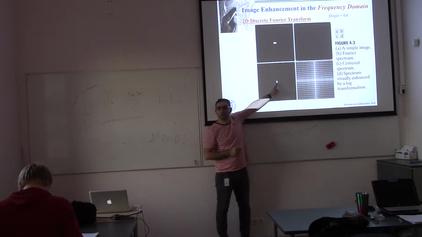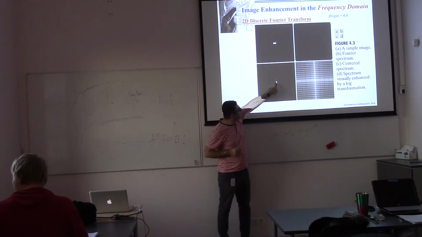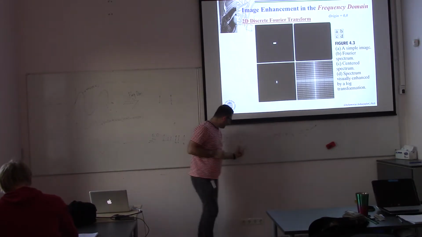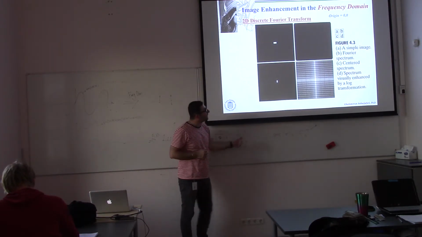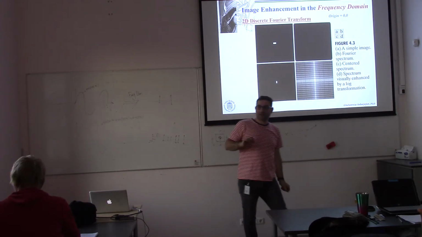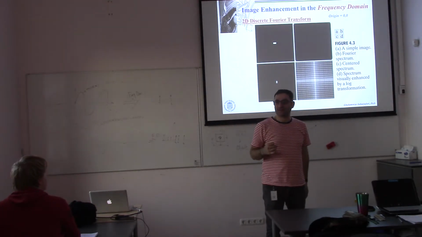I was a little confused about the zero frequency. The zero frequency is now sitting in the center. It's always sitting in the center, because we use this shifting, so we will have the zero frequency always at the center. In the next few slides, we see that if it is in the center, we can define the filters.